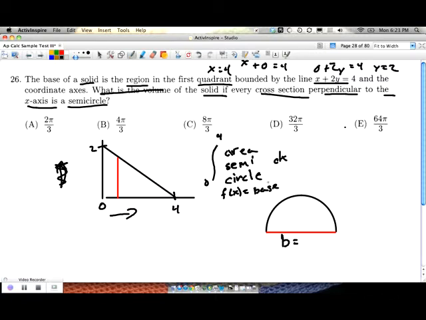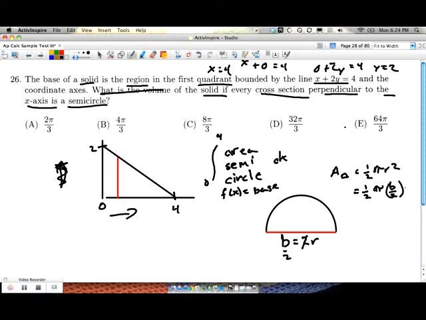Well, this base here, let's say we want to find the area of a semicircle. The area of a semicircle equals one half pi r squared. Well, in terms of b, b is really 2r. So b over 2 is our radius. And that means that we have 1/2 pi times b over 2 squared.